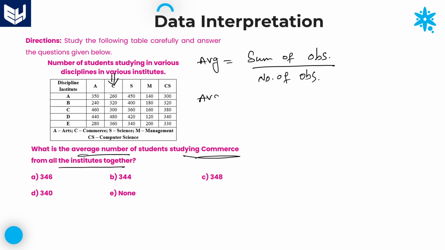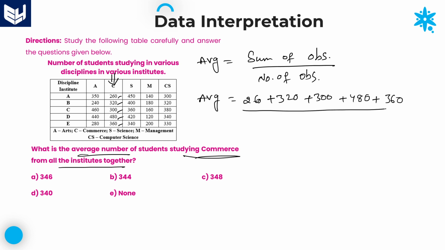Now, average is equal to the sum of all the values from the second column, that is commerce: 260 plus 320 plus 300 plus 480 plus 360, whole divided by the number of observations.